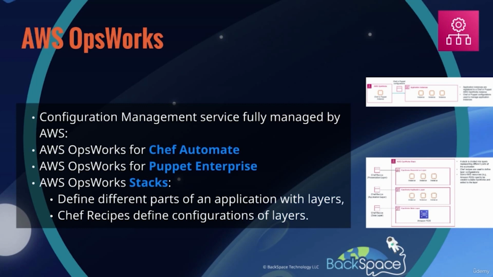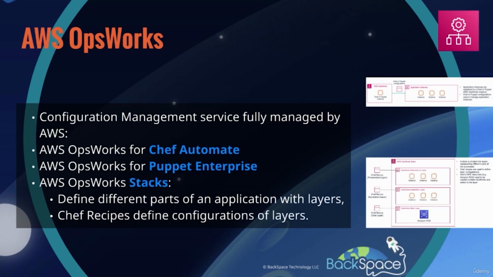AWS OpsWorks is a configuration management service that is fully managed by AWS. There are three options for OpsWorks. The first one there is OpsWorks for Chef Automate, which is a fully managed installation of Chef Automate. And there's OpsWorks for Puppet Enterprise, which again is a fully managed installation of Puppet Enterprise.